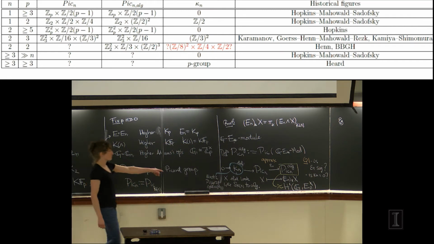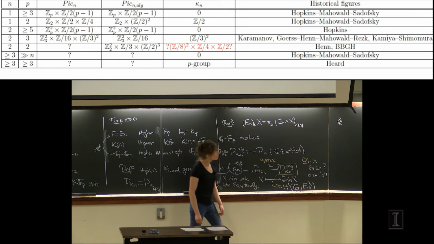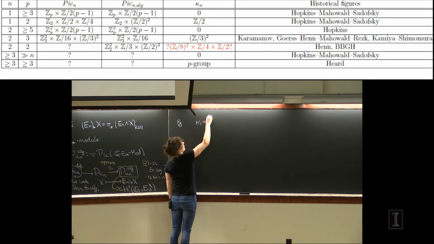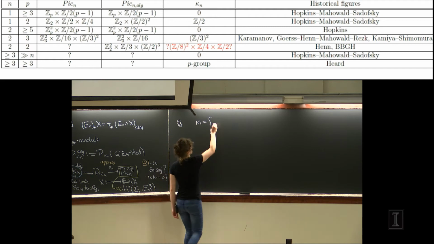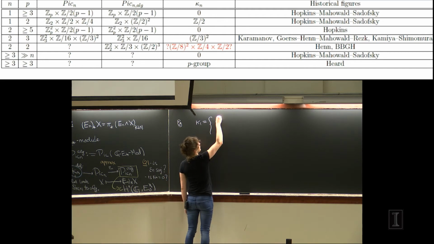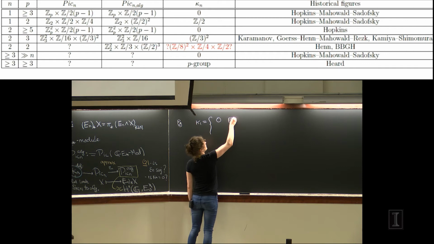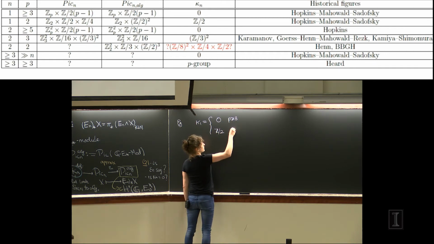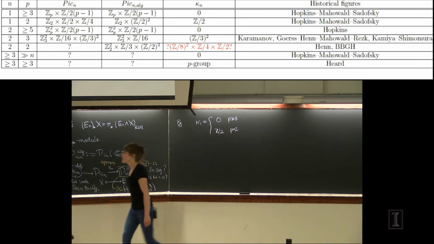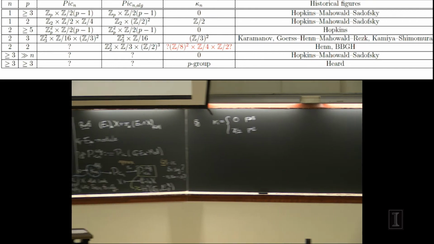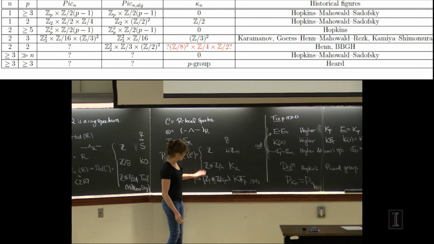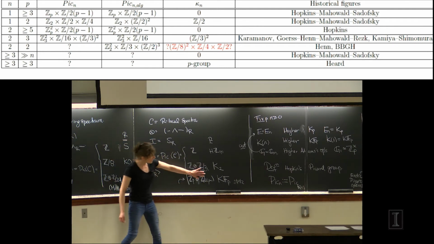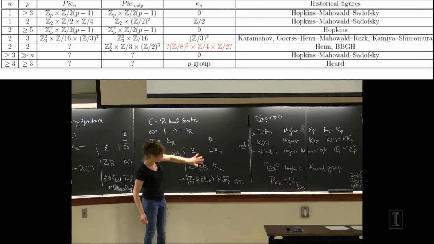So now I'm going to shift focus to kappa_n. For some examples, if you look at kappa_1, it's going to be 0 if p is odd, and it's going to be Z/2 if p is equal to 2. This Z/2, I didn't put it in here, but this Z/2 is related to that Z/2. So this piece here for KO at p, level 1, is in this picture.